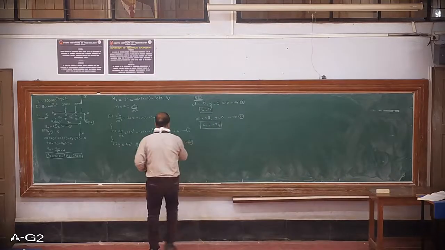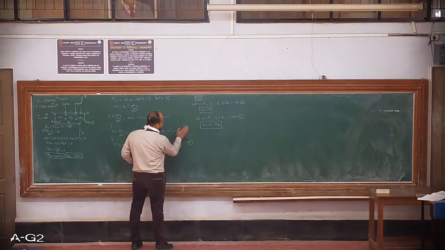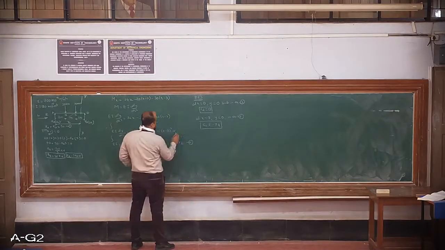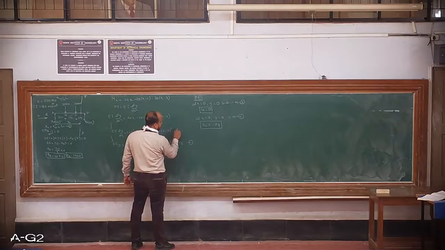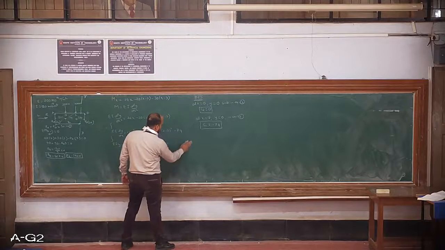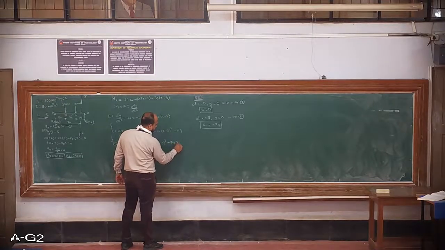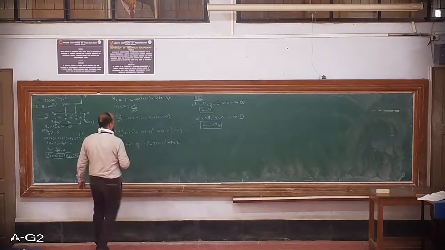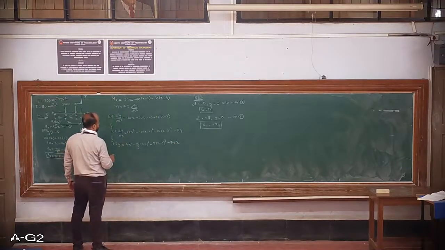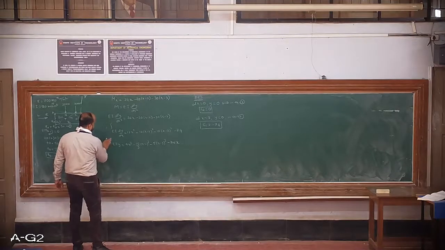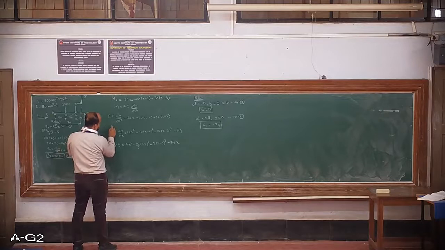Here I will write C1 is minus 74, and minus 74 into x plus C2 is 0. So this is my slope equation and this is my deflection equation.